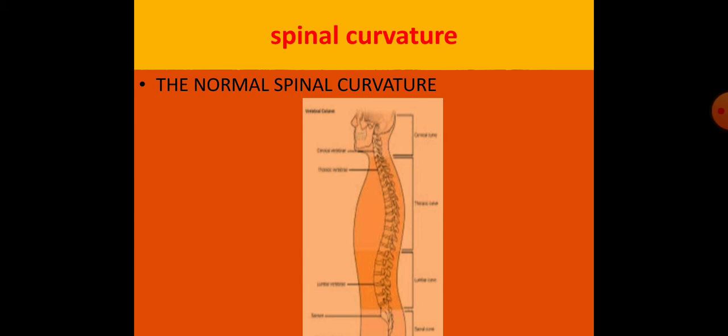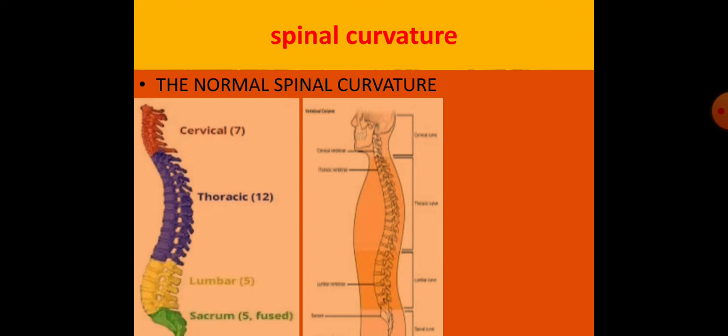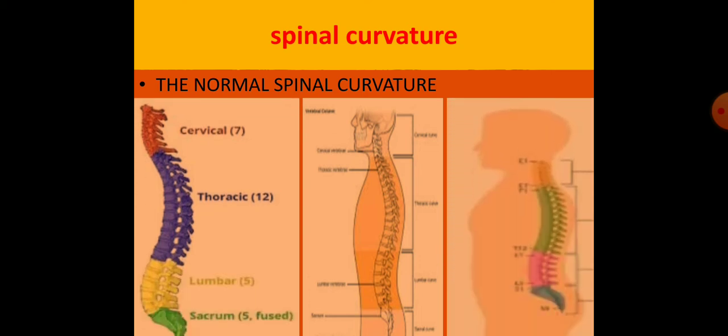The normal spinal curvature. The human spine is divided into five parts. In the cervical region there are 7 vertebrae; the cervical region goes just up to the neck.